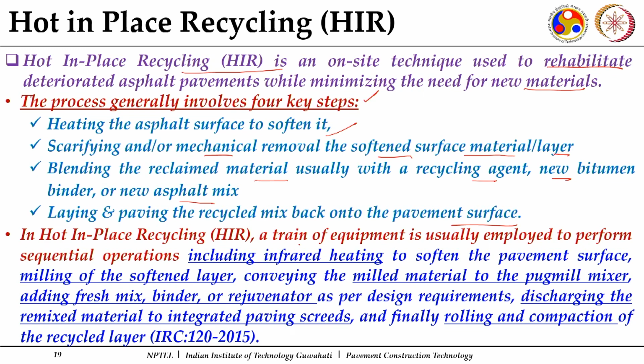So in hot in place recycling, a train of equipment is usually employed, because these are multiple operations which are to be performed together. The sequential operations include infrared heating to bring the existing surface to the desired temperature, and thereafter the pavement surface needs to be milled off or scarified, conveying the milled material to the pug mill mixer in that particular train itself, and adding fresh mix, fresh binder or regenerating agent as per the design requirements.